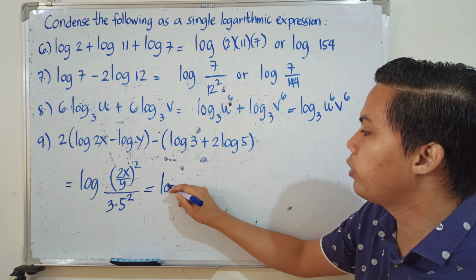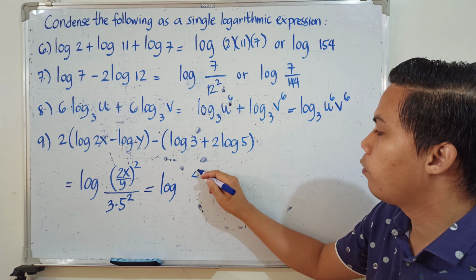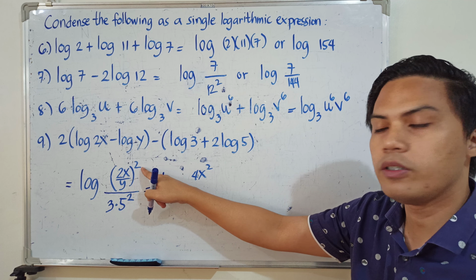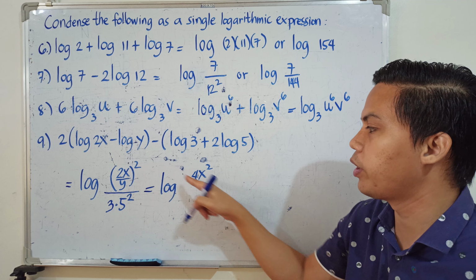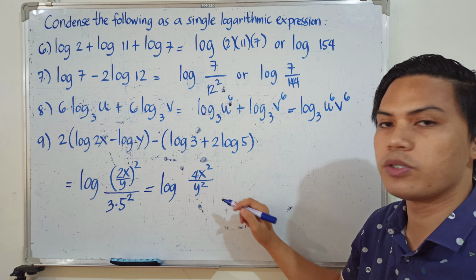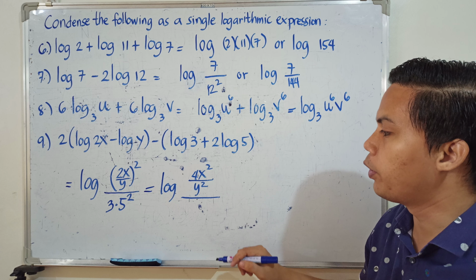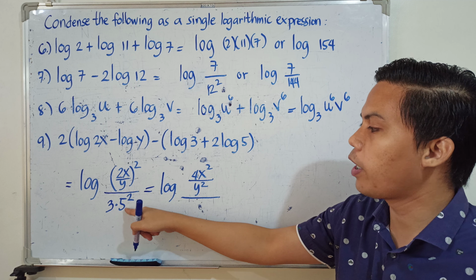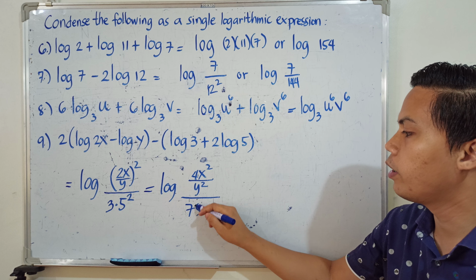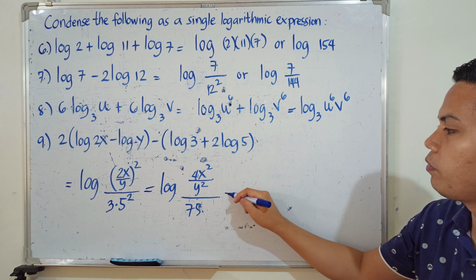Okay, let's simplify. So we have the logarithm of 4x squared. So you have 2 squared, that is 4, x squared. Then sa denominator naman niya, we have y squared as well. And over this one, 5 squared, that is 25, times 3, you will have 75. Okay, simplify natin further.